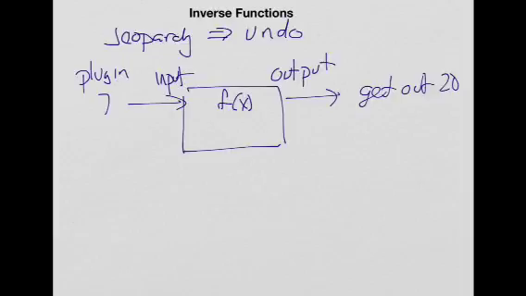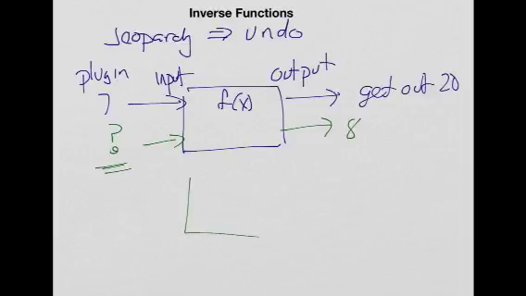Now, if I want an inverse function, I want to do the other thing. I want to say, hey, I got out of this function the number, say, 8, and I want to say, what did I plug in to x to get 8 as the output?